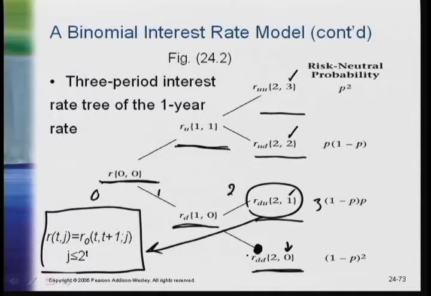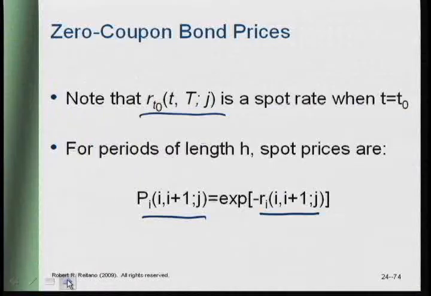There's another time 2 zero coupon bond which exists here, namely where I use RDU as the discount rate. So you can see that I have for the 1-year zero coupon bonds starting at time 2, in this lattice I have 4 of them associated with the 4 states. And that's the meaning of this notation.